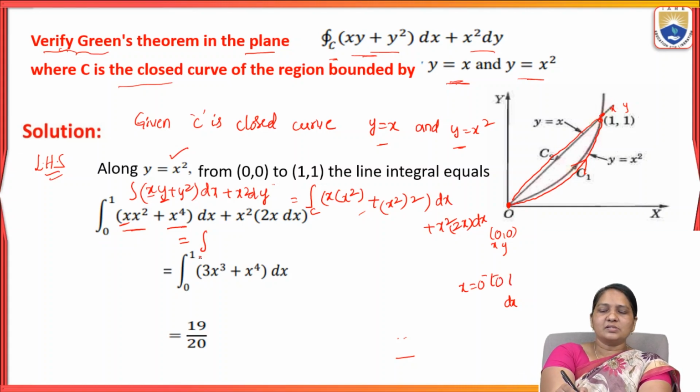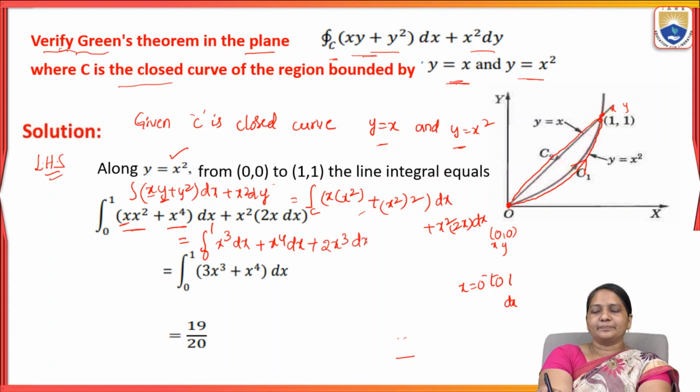So now integral 0 to 1: x into x square is x cube dx, plus x power 4 dx, plus x square into 2x, so this is 2x cube dx. Then x cube dx plus 2x cube dx is 3x cube dx, plus x power 4 dx.